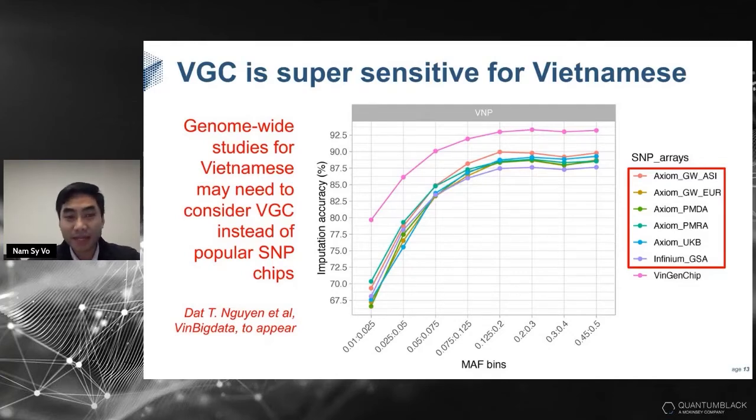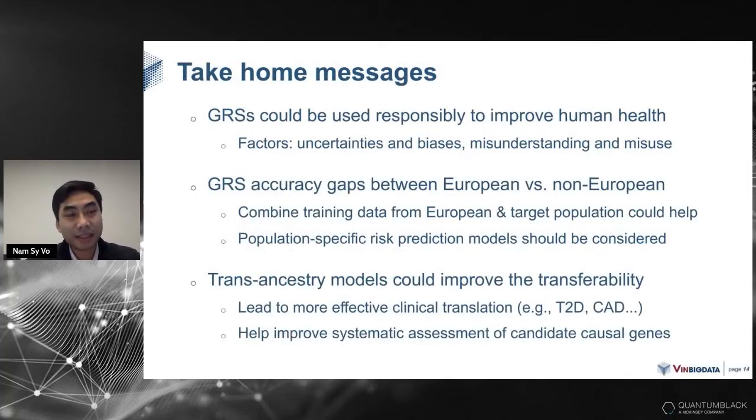Also, we can see that based on this information, we can get some take-home messages here that the GIS could be used responsibly to improve human health. Some factor we should consider is uncertainties and biases, and also misunderstanding and misuse of the information from GIS.